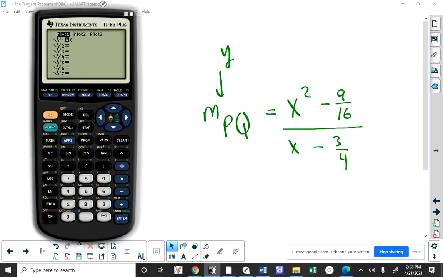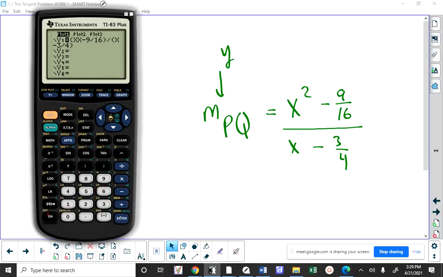So my slope of the secant is going to be equal to x squared minus 9/16. If you haven't been in my math class for a while, that's just how I enter x squared. Don't ask why, I don't know. Divided by x minus 3/4. And this means, everybody, that if I put x equals 3 into that expression, I will get the slope of the secant from P to the point where Q is at x equals 3.